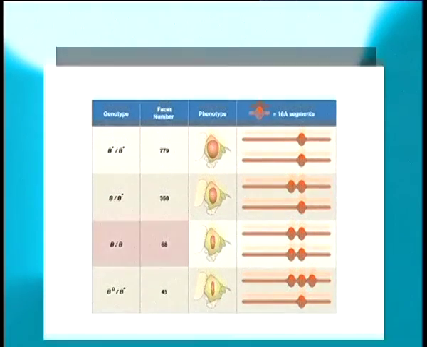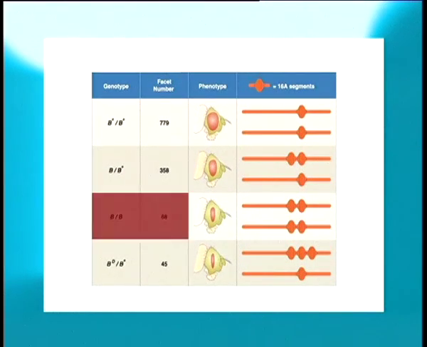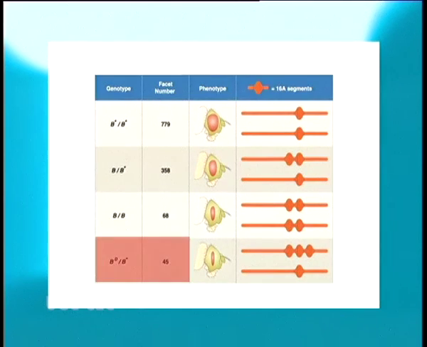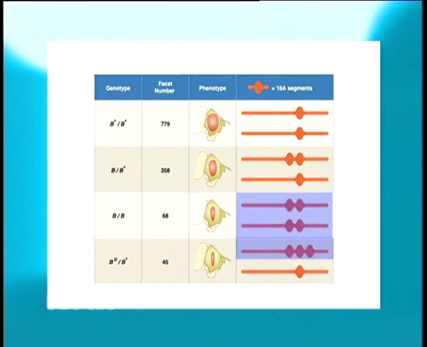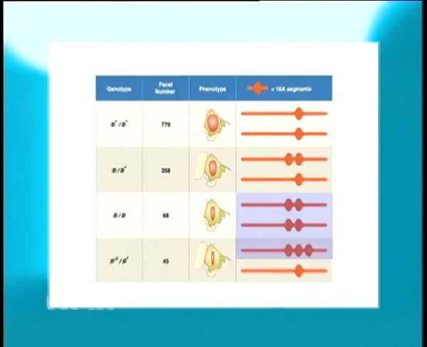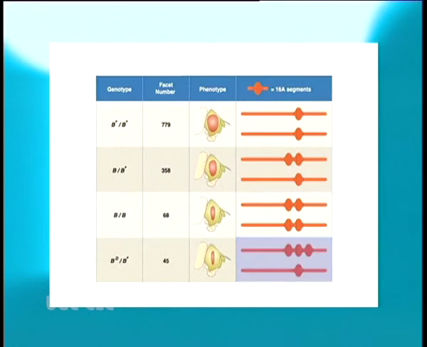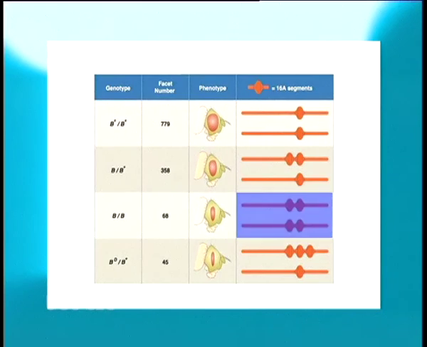In this case, it was also observed that when the eye facet phenotypes of BB and BDB plus flies are compared, an average of 68 and 45 facets are found respectively. In both cases, there are two extra 16A regions. However, when the repeated segments are distributed on the same homolog instead of being positioned on the two homologs, the phenotype is more pronounced.